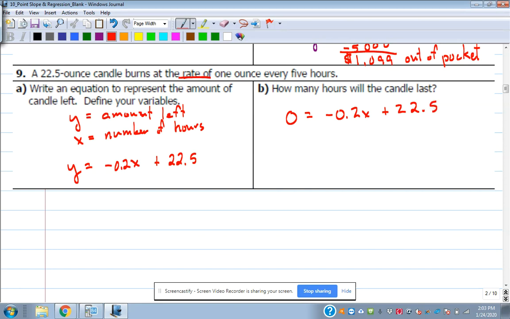Now we know that in reality, when the candle is down at the bottom, it doesn't burn up all of that wax, right? There's a little bit left at the bottom. But in theory, there's none of it left, so it's at 0. So we solve this equation. I'm going to subtract 22.5.